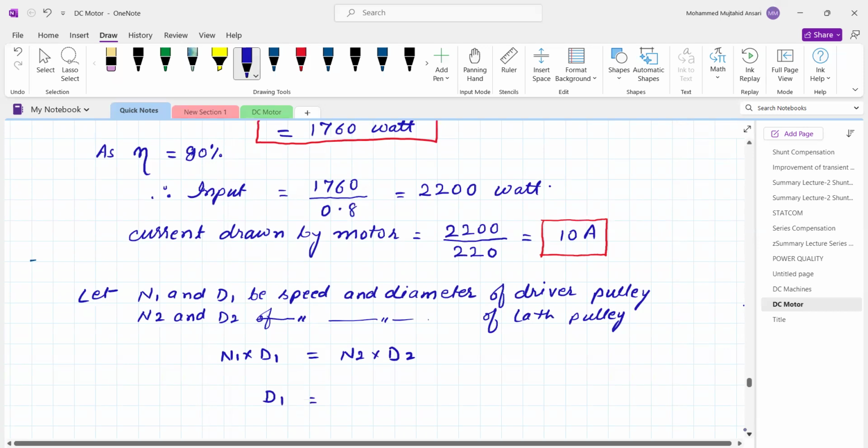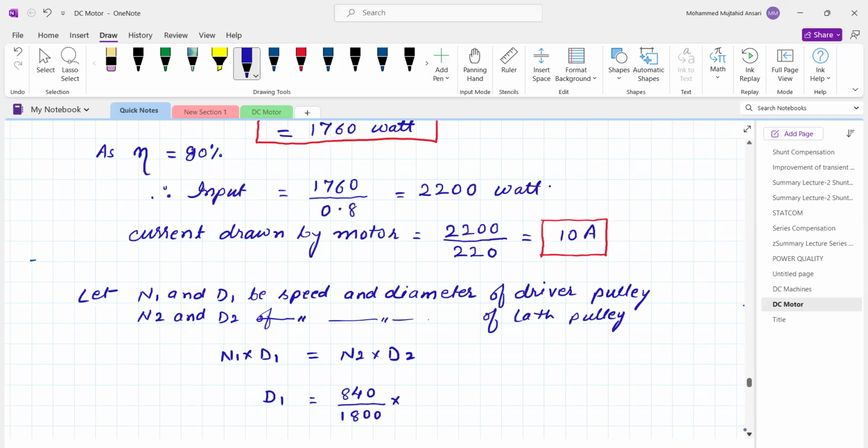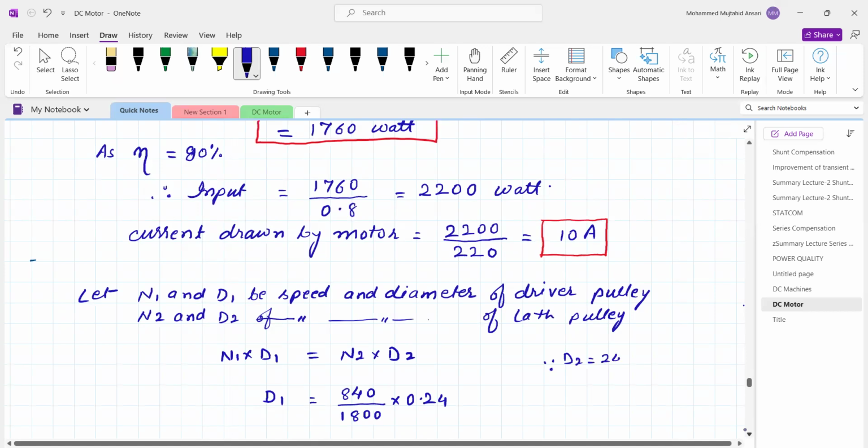So it is N2 upon N1, 840 divided by 1800, into the diameter of the lathe pulley, which is given as 24 centimeter. Converting 24 centimeter into meter, it is 0.24. We write here D2 is equal to 24 centimeter as it is given.